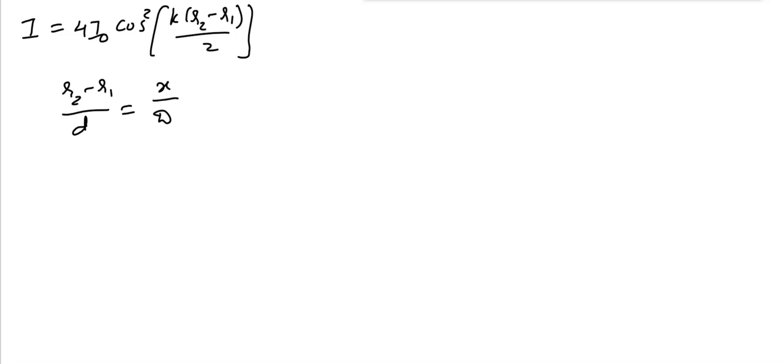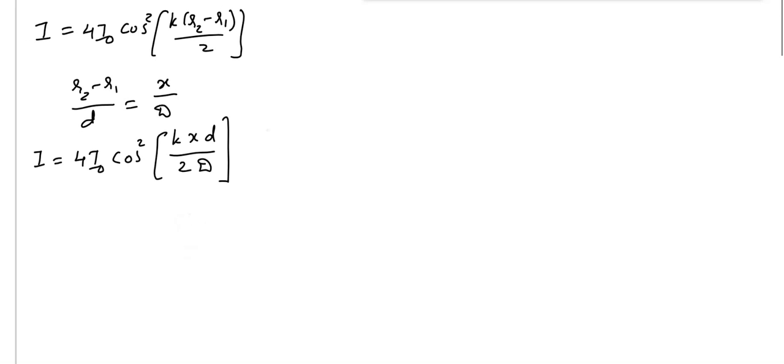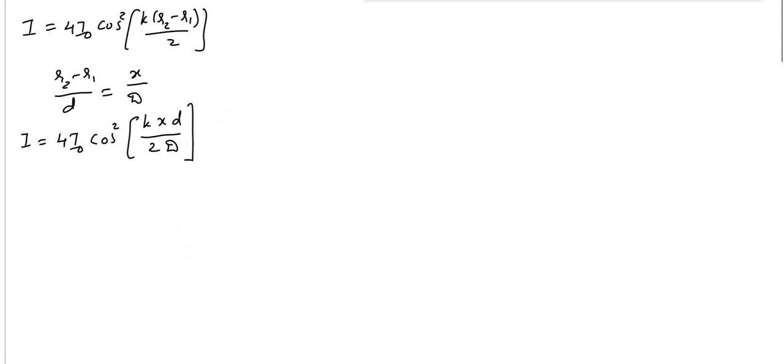Using this relation, intensity can be given as I is equal to 4I0 cos square k x d by 2D, where small d is the slit separation. What is x? x is the distance of the given point from the center of the screen.